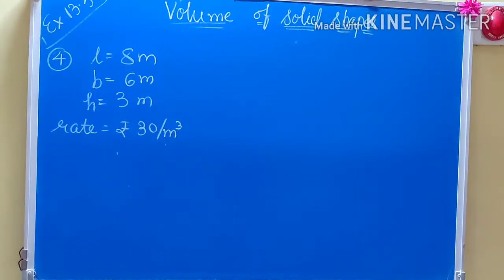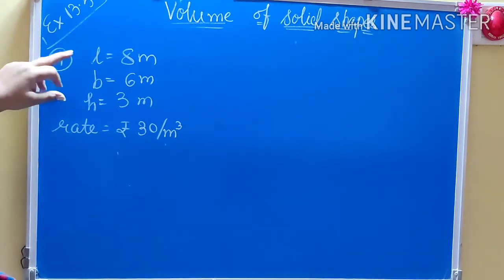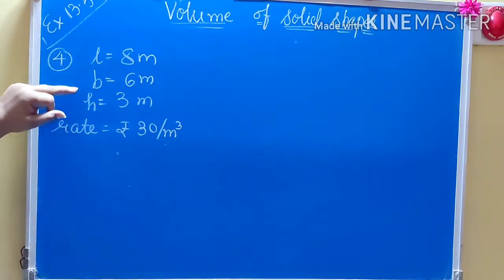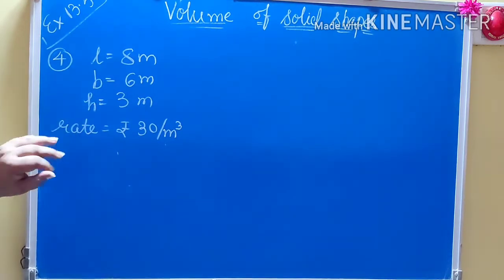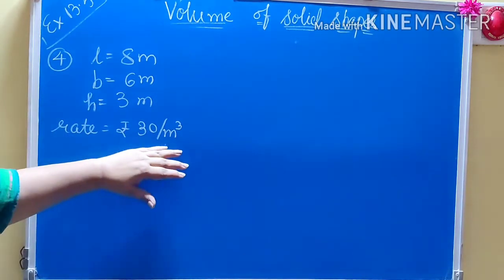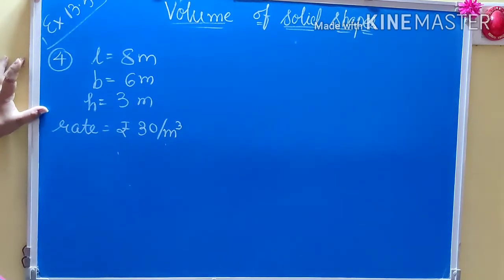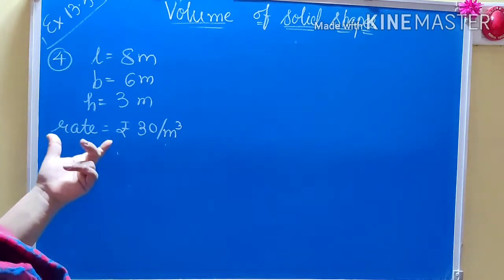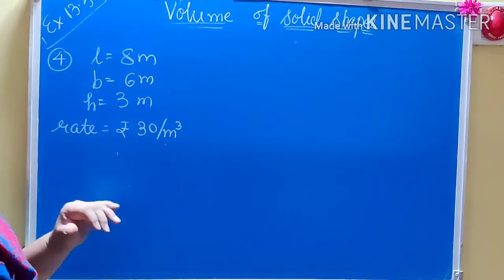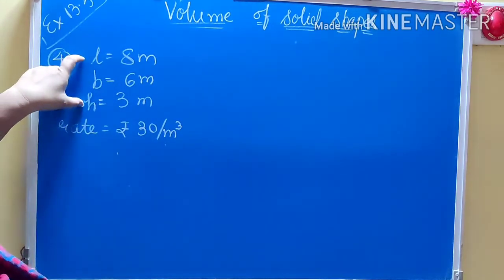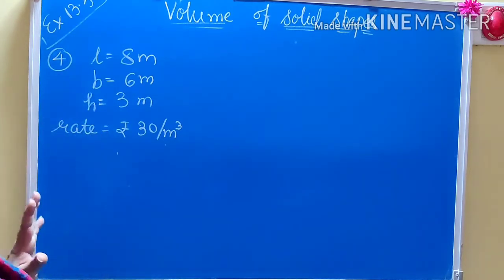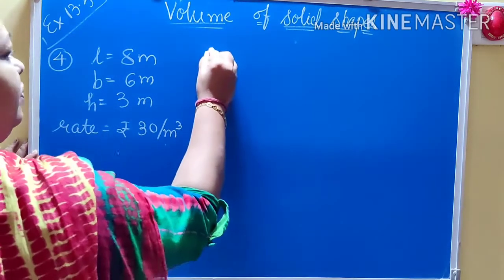In question number 4, we have to find the cost of digging a cuboidal pit of length 8 meter, breadth 6 meter and height 3 meter at the rate of rupees 30 per meter cube. So simply here we will find the volume of that cuboidal pit first, and then we can find the cost of digging by multiplying the volume by the rate.